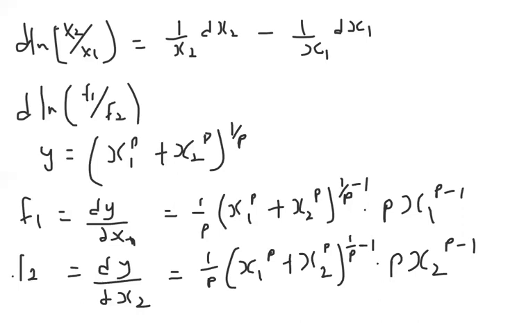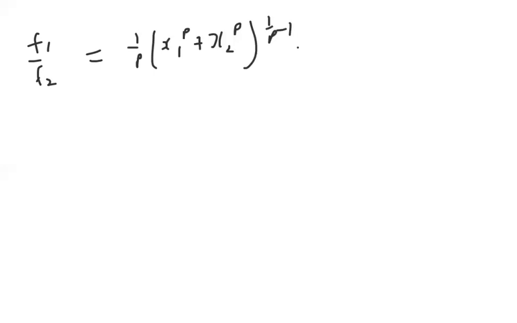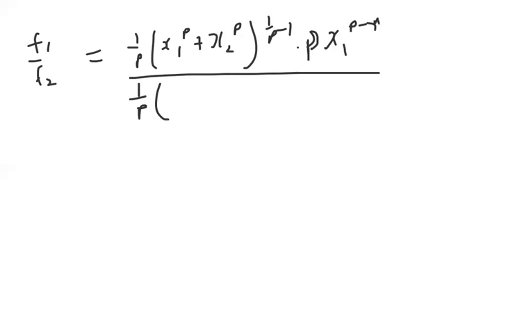When we divide f1 over f2, the common factor (1/5)(x1^5 + x2^5)^(1/5 - 1) cancels out, and the 5 cancels too.